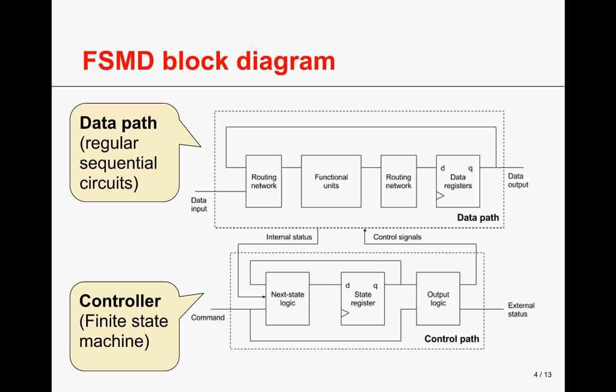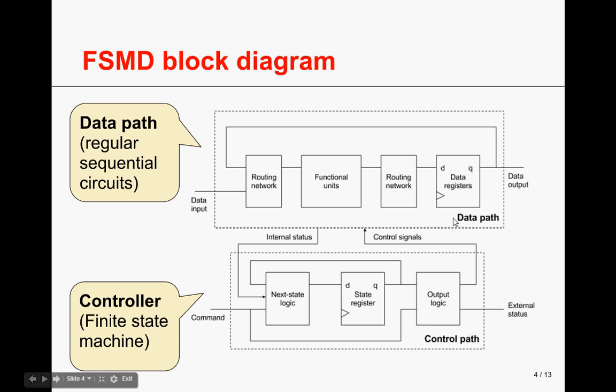Well, from what has just been said, you may realize that the FSMD block diagram may be represented as shown in this slide, where the bottom part addresses the control path, made up of a finite state machine represented here using the very standard block diagram for an FSM, comprising the state register and the next state and output logic blocks.